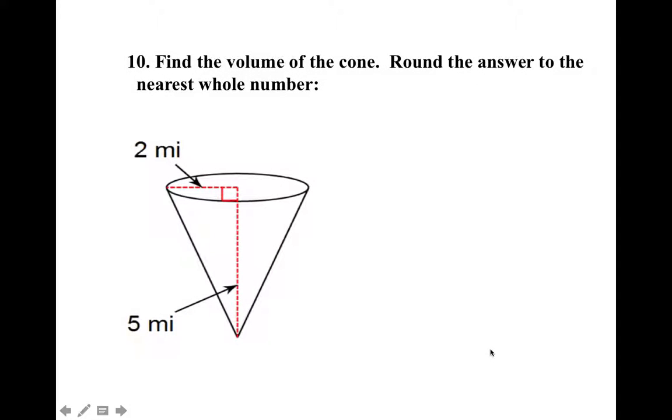Right? Number 10. Now we have a cone. And remember, pyramids and cones use the same formulas. So that means this is 1/3 big B times H. Notice that this cone is just turned upside down, so our B is a circle.